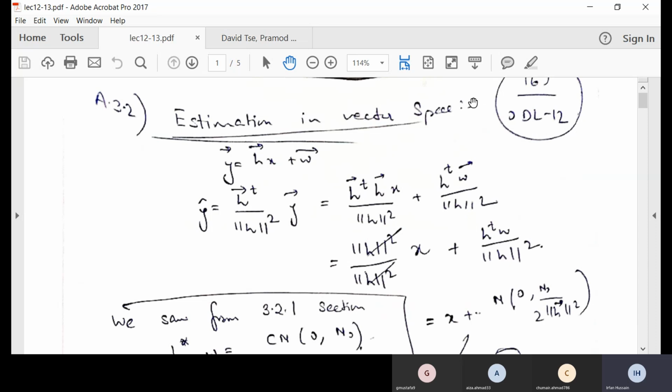So how to estimate in a vector space? Remember that this mathematics is based on estimating x, meaning what is the exact value of x. Then we will just map it to estimation of h once we go to the mathematics of chapter 3.